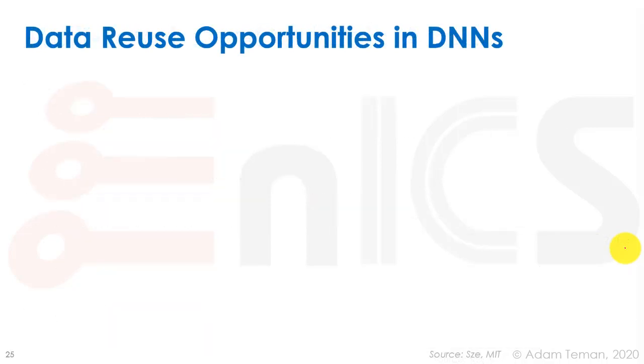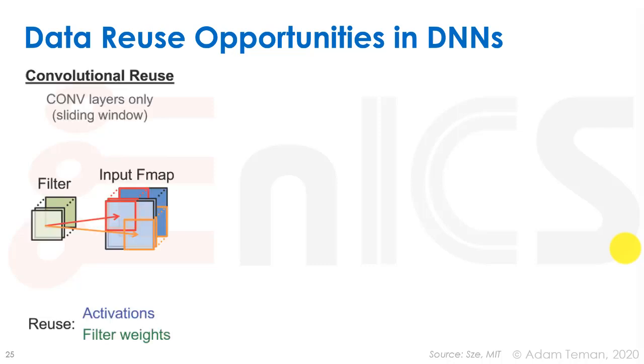So we have a categorization of 3 types of data reuse opportunities in DNNs. The first one we call convolutional reuse. Convolutional reuse means that we're going to be doing convolution, so we want to try to reuse both the activations and the filter weights in order to not waste energy on data fetching and storing while doing convolutions.